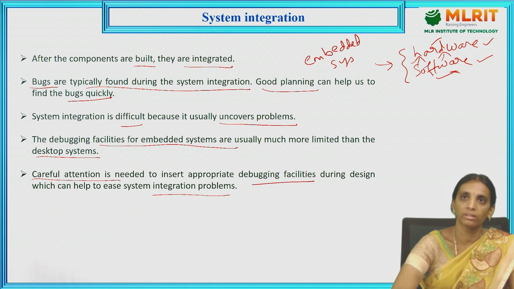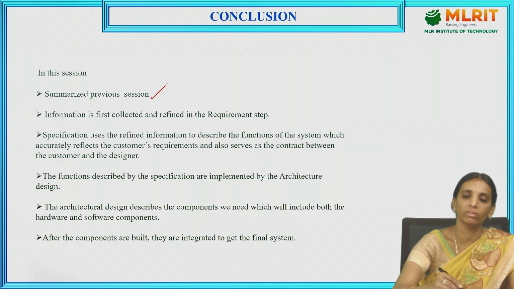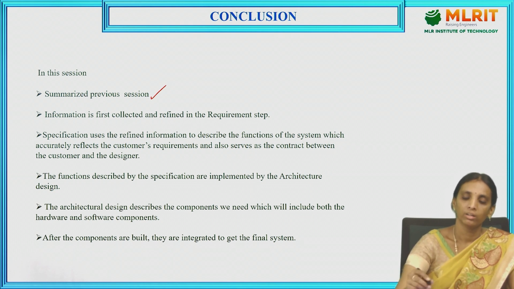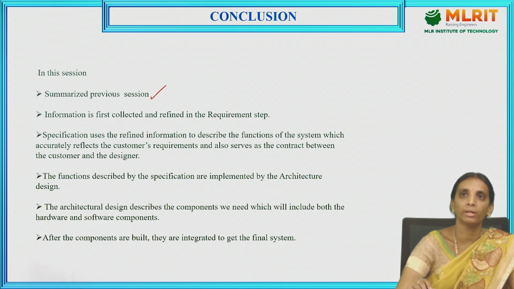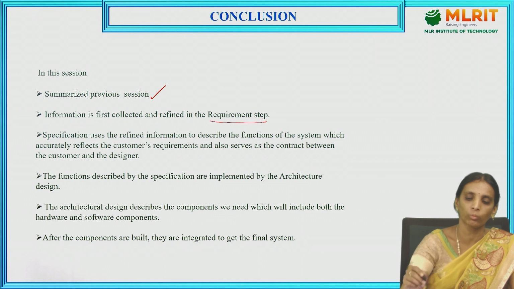So this is the embedded system design process. Conclusion: first we summarized the previous session, that means the topics we discussed in the previous session, and next we went on to today's session, which is the embedded system design process. The first step in the design process is the requirement step.